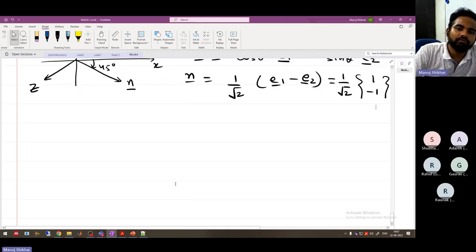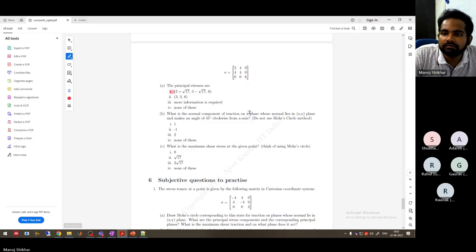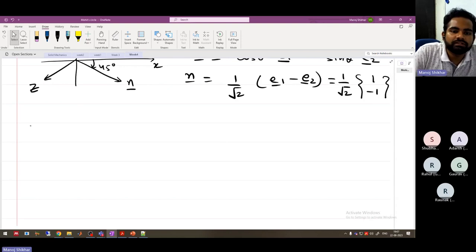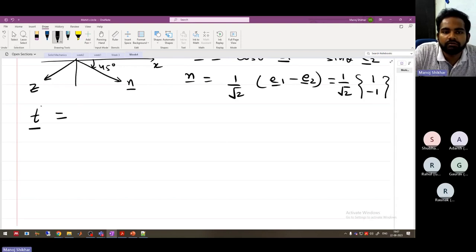So now we have our normal and we need to find the normal component of traction on a plane. So first we find the traction. What is traction on a plane with normal n? So this will be sigma n.